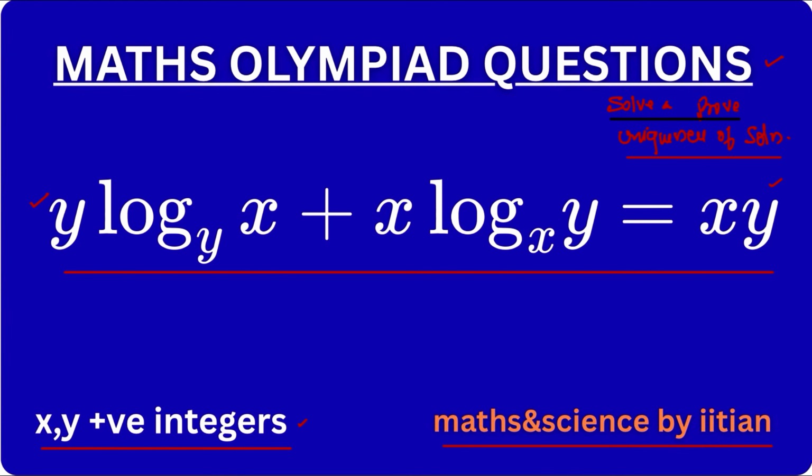It's not about assuming some value and getting that value. Why it is unique and why the other values are not feasible in this particular condition of the equation. That's more important. That's what I am going to explain you. Let's proceed further.